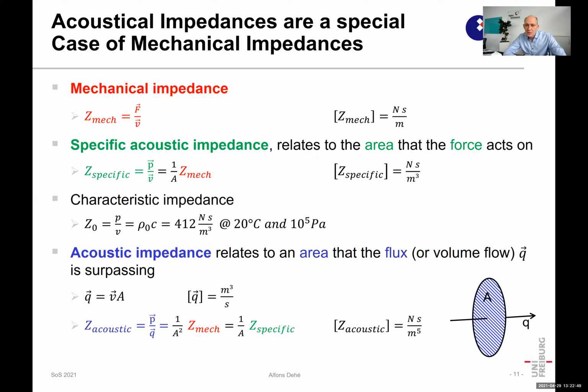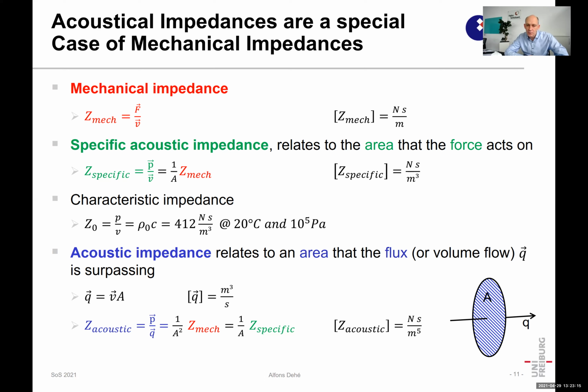So you have the dimension Newton seconds per meter. Then typically we have a specific acoustic impedance. So this is related already to the area that a force acts on. So this is simply a mechanical impedance over the area.